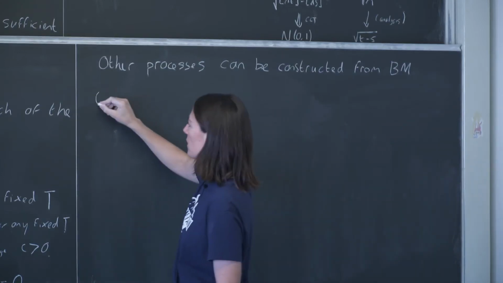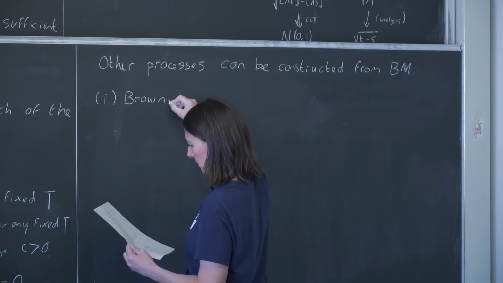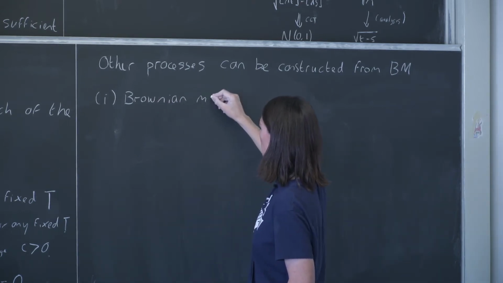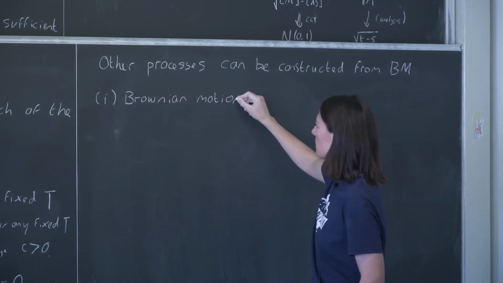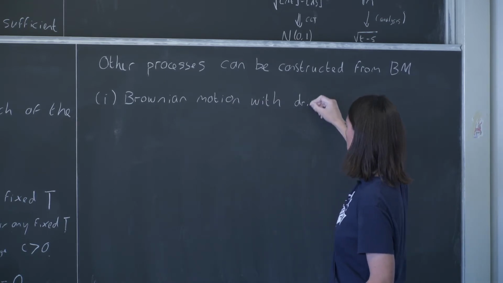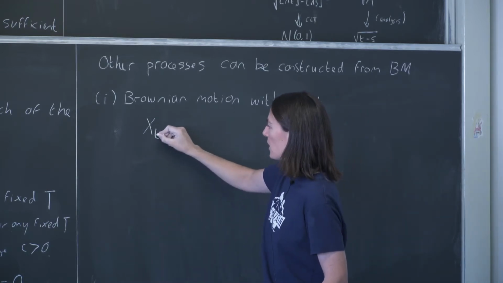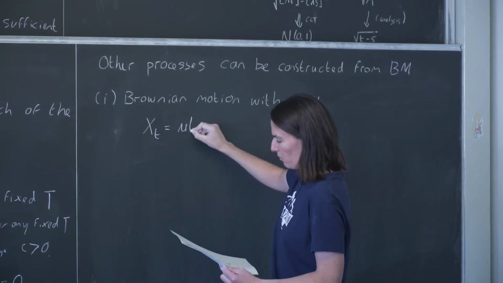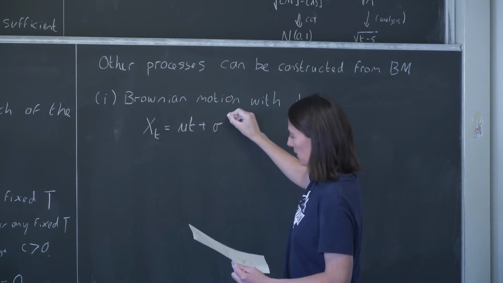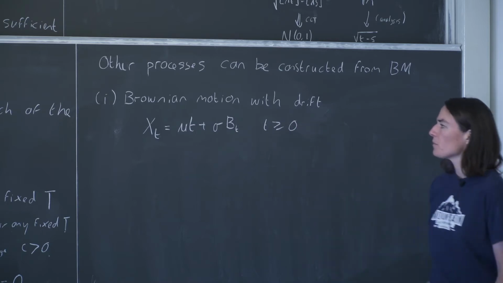So the first one is Brownian motion with drift. So X_t is equal to mu t plus sigma B_t for t greater than or equal to 0. So what do we do?